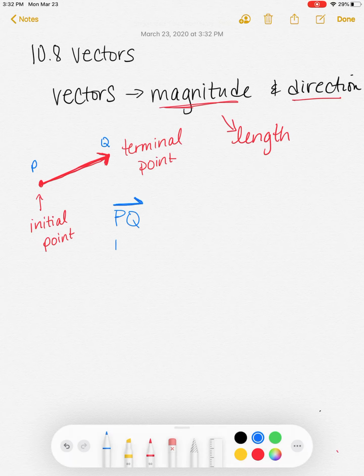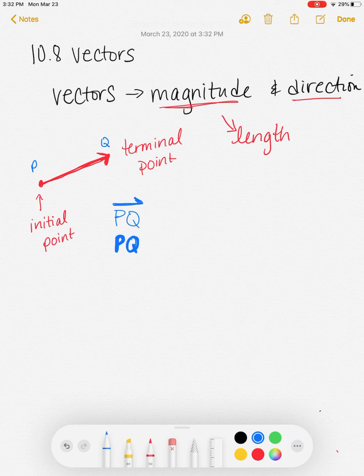Another way you might see it is in bold. It's hard for me to do that with the iPad here, but that would be another way to notate a vector. But I'll use the little half arrow there because it's clearer for me.